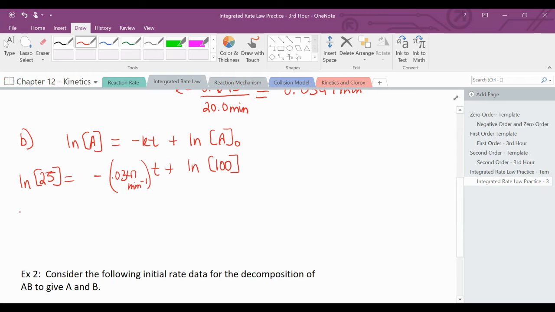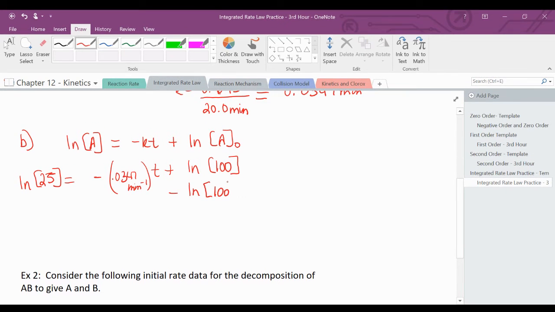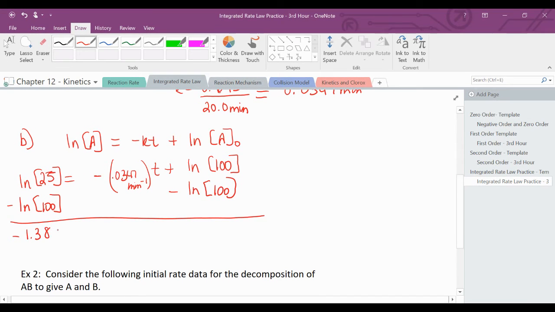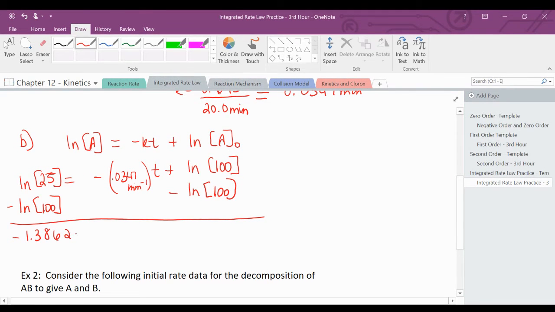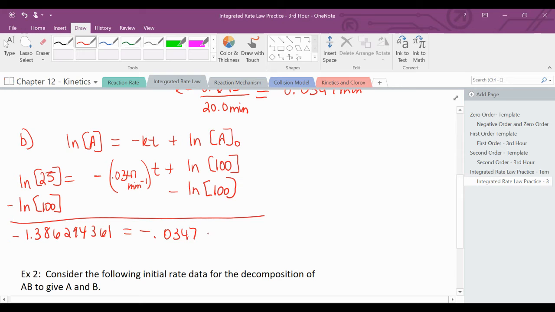Okay, so I would get, when I subtracted the natural log of 100 from both sides, okay. Then we want T by itself.